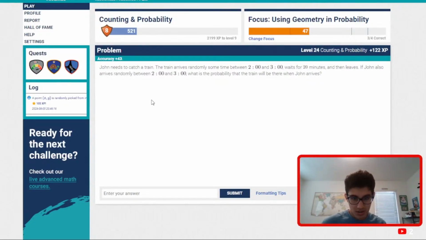So let's see. The train arrives randomly sometime between 2 and 3, waits for 20 minutes, and then leaves. I remember it's like this, right? It arrives sometime randomly between 2 and 3. Okay, let's draw it out then. I think that's what you're supposed to do. So this is the axis here.